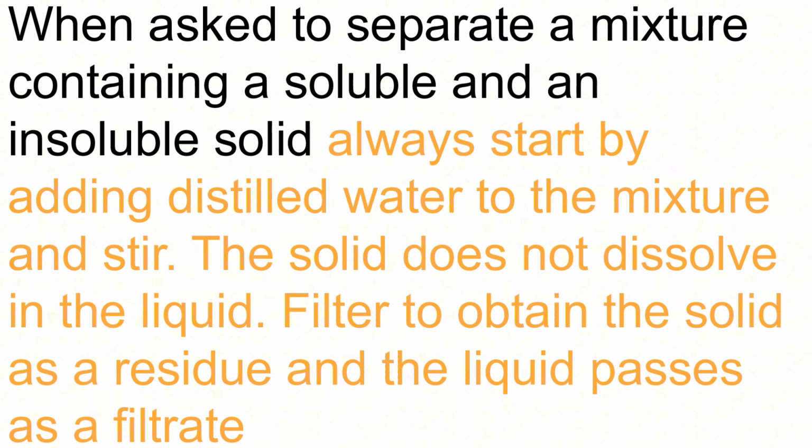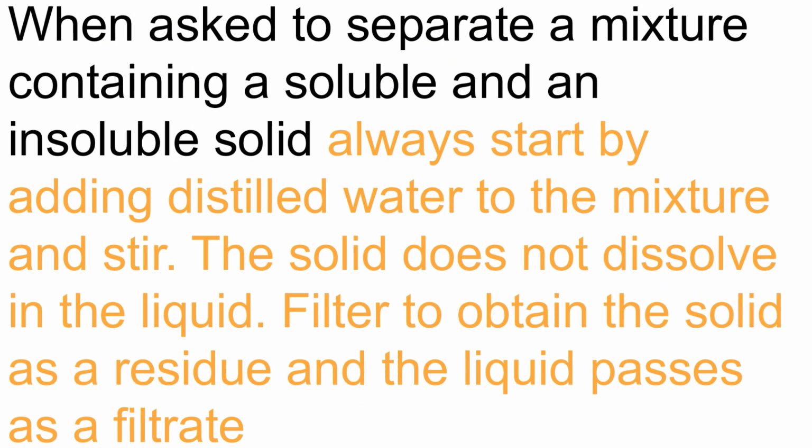Now, when you are asked to separate a mixture containing a soluble and an insoluble solid, an example could be a mixture of sand and salt, then always start by adding water into the mixture. Then stir. The stirring will enable the soluble solid to dissolve in the water.